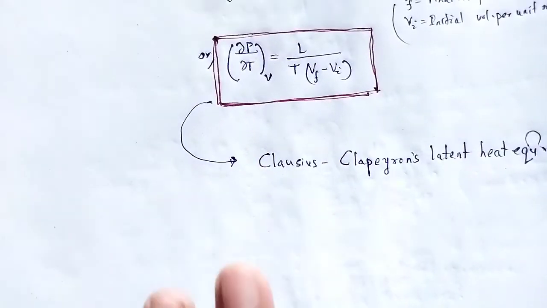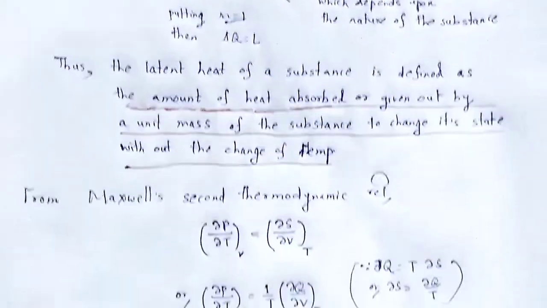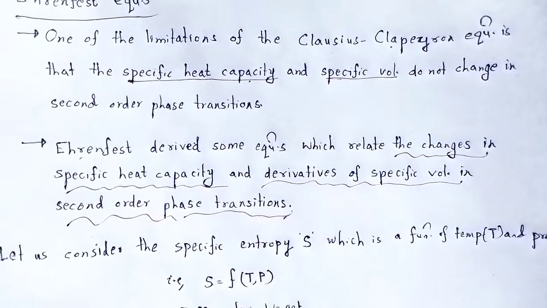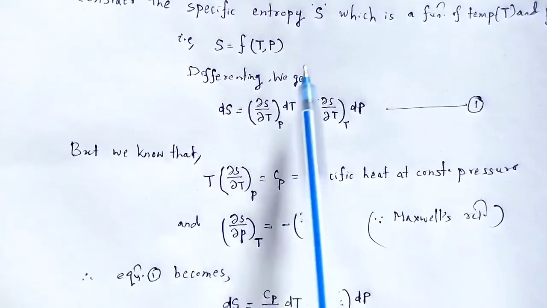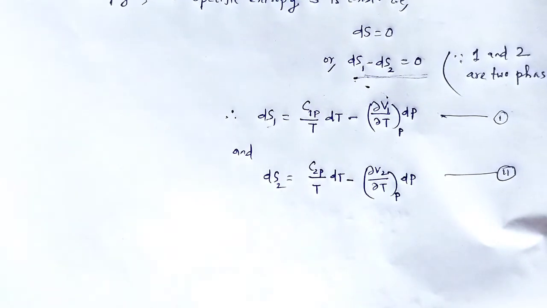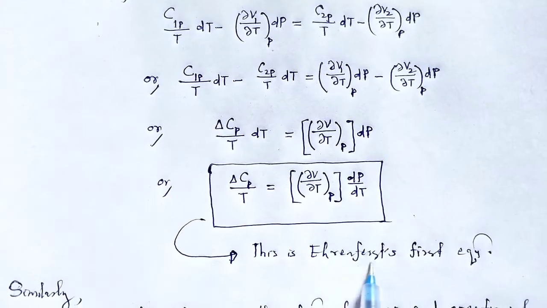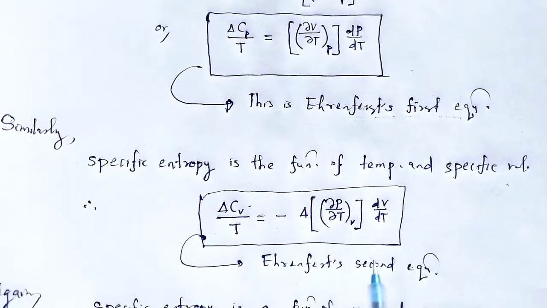So, with the help of this visual lecture, we understand the Clausius-Clapeyron latent heat equation. This is the Clausius-Clapeyron latent heat equation, and the Ehrenfest equations for the second order phase transitions. Taking entropy as a function of temperature and pressure, proceeding like this, and finally we take the Ehrenfest first equation, and taking entropy as a function of temperature and specific volume, the Ehrenfest second equation.